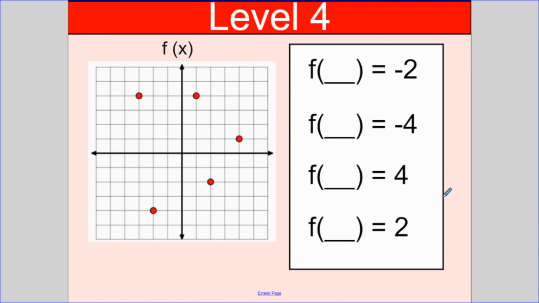All right. Here, they're giving us the output, the y, and we need to figure out what the x is. So we need to look at where our y values, remember this is our x, f of x equals -2. Our output is -2. So we're looking at this y-axis, this f of x axis. That's how we can write f of x instead of y. Where are we going to be at -2?